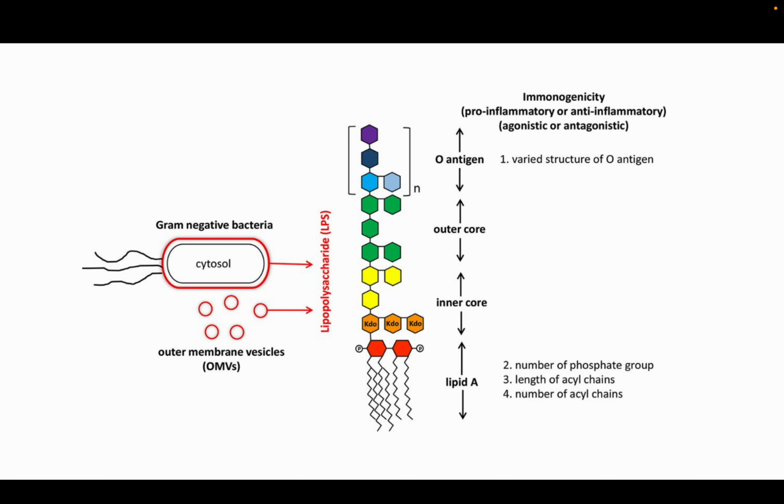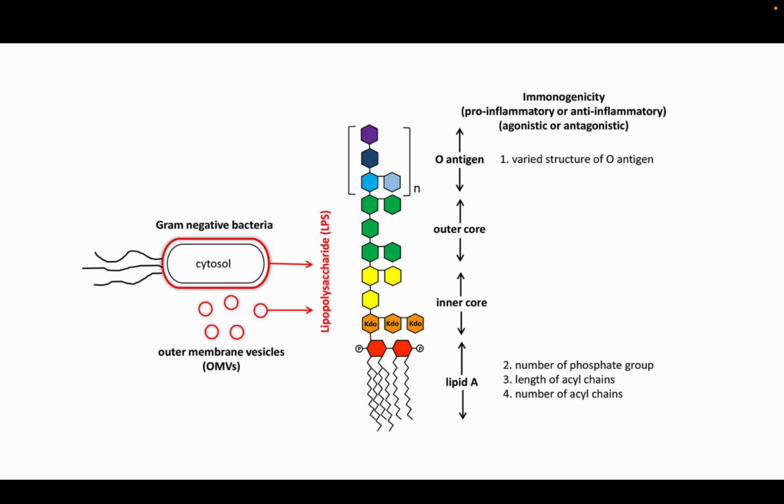That O antigen component here, represented by the blue-purple hexoses, is varied depending on the O antigen. This is the O antigen that we use to serotype particular species of gram-negatives possessing LPS. That is the varied part. The inner and the outer core usually are stable, conserved components.